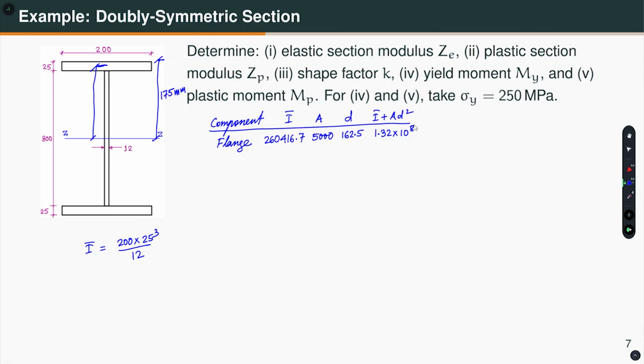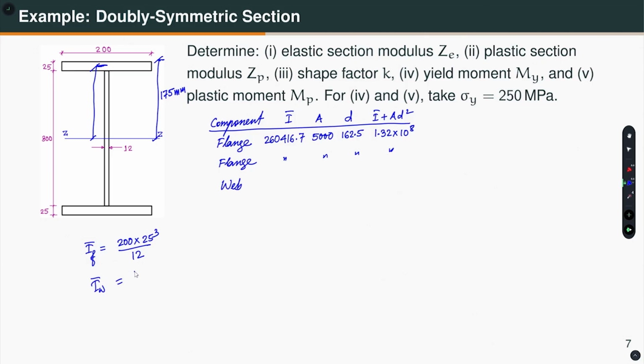For the other flange it is identical, and then I will do it for the other flange, which is also the same, right, and then I will write for the web. So, for the web, so this is flange and this is web, I bar web, that is B D cube by 12.